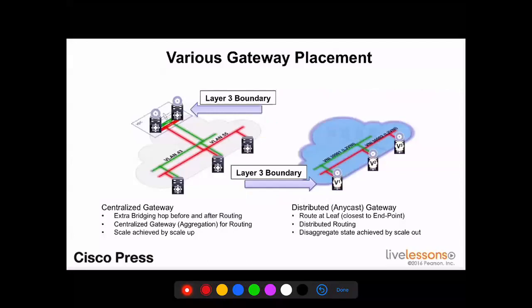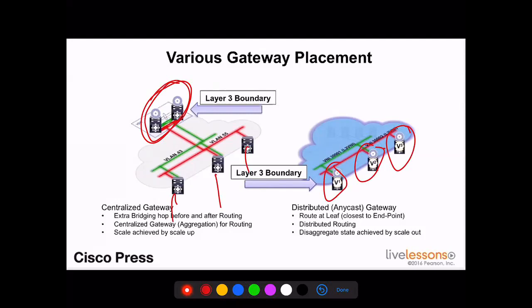And another big thing to make it easier is the idea of an Anycast Gateway. So instead of this device being the default gateway for your hosts coming out of the access layer, each access layer switch is going to have the same exact config. The Anycast Gateway is going to have the same IP address, same MAC address.